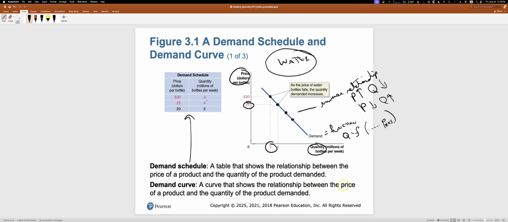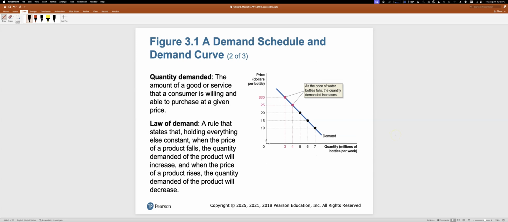So what that curve shows us is that relationship. And that relationship is one of these variables being inverse to one another, moving in the opposite direction. That inverse relationship has a name.